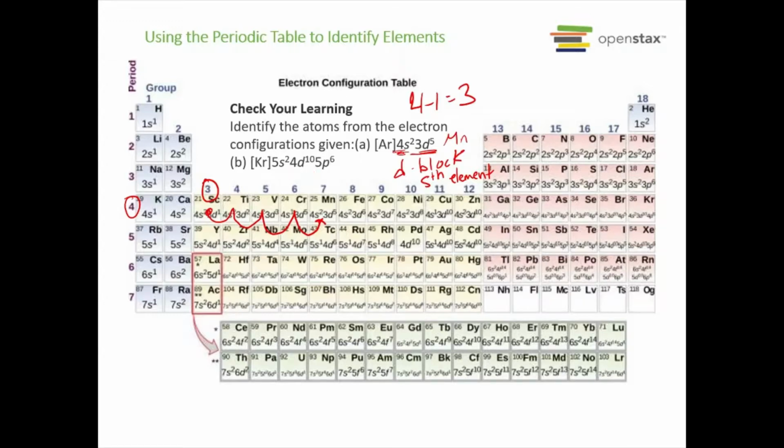So our valence is the 5, n equals 5. And we're ending in P block at P6. So we're going to go ahead and go across 5 to the start of P block, which is at indium. And we go 1, 2, 3, 1, 2, 3, 4, 5, 6. And we land on xenon.